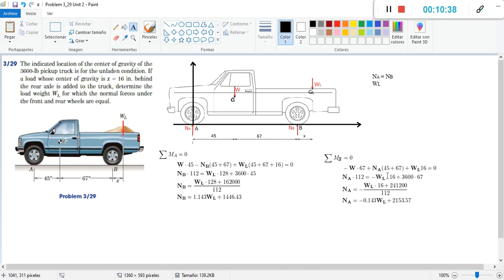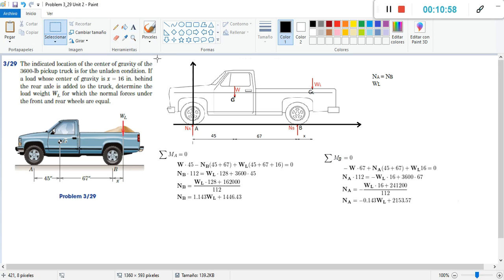And we have the equation of normal forces in B and normal forces in A. So from there, we can calculate the weight load because we have the first unknown, which is this one. So I'm going to move here.